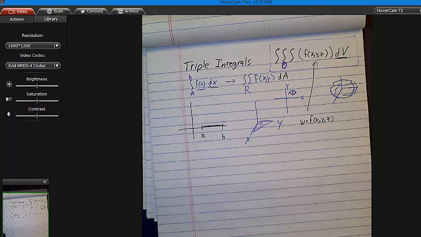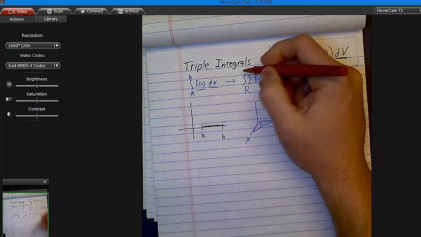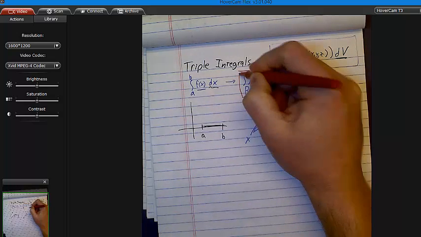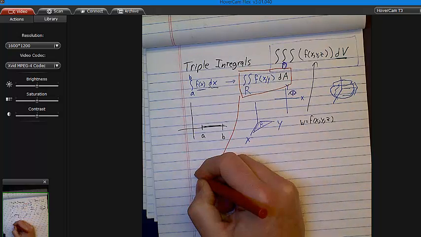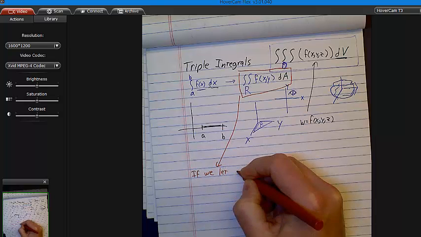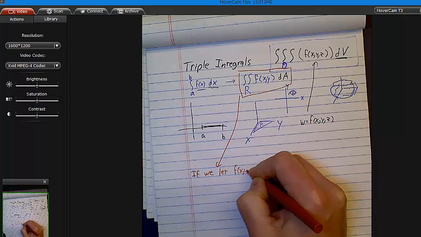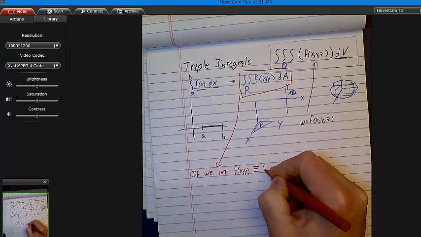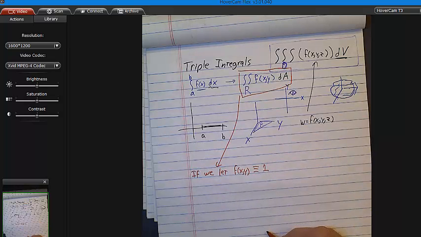So now, one question is, are there meaningful examples that I should think about when I'm doing this? And I want to go back to what we were just working on with double integrals. Down here we said, if we let f of x, y always be 1, it's kind of a boring surface, right?